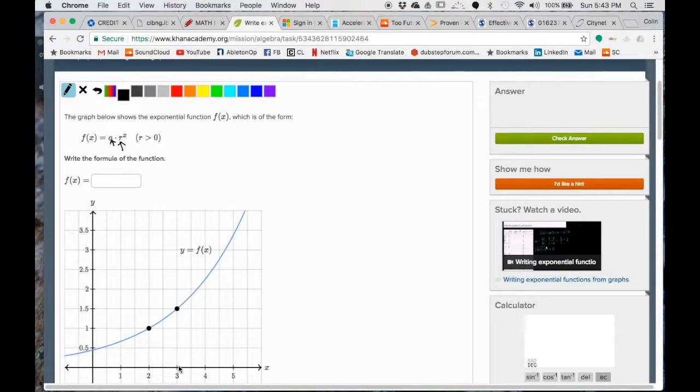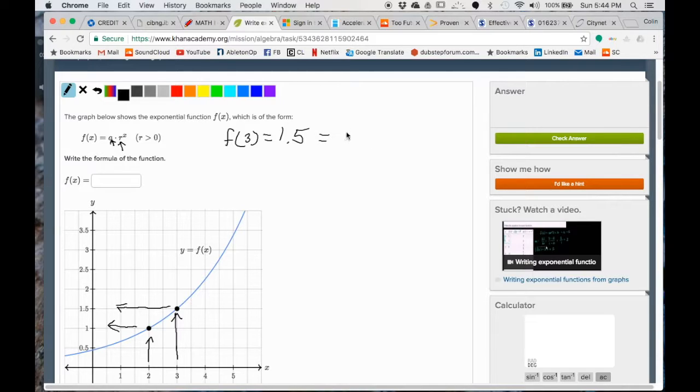We're going to notice that for an x value of 3, we have an f of x value of 1.5, and for an x value of 2, we have an f of x value of 1. So we can start that out here. When f of x equals 1.5, we're talking about an x value of 3. So plugging 3 in for x gives us 1.5.